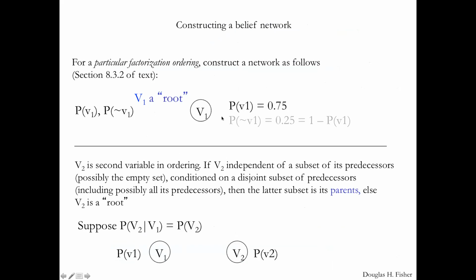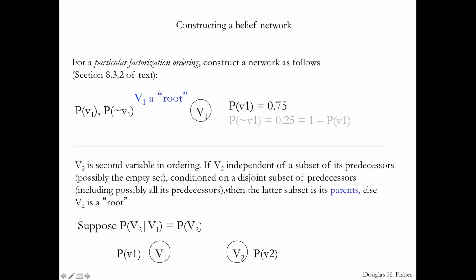So you take the first variable in the ordering, and it automatically becomes a root of the belief network that you're growing. At this point, you may or may not be able to assign probability values to the various values of that node, but you always select the first node in the ordering as the root.